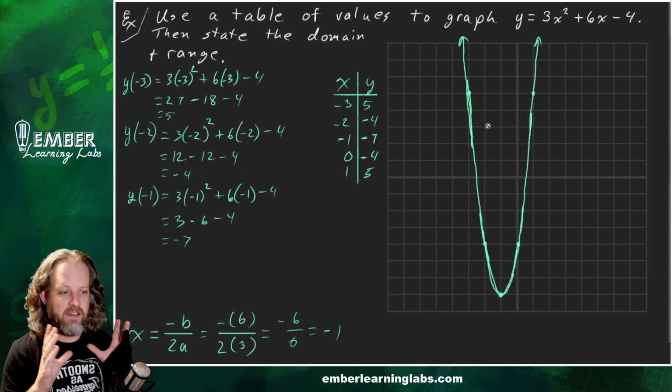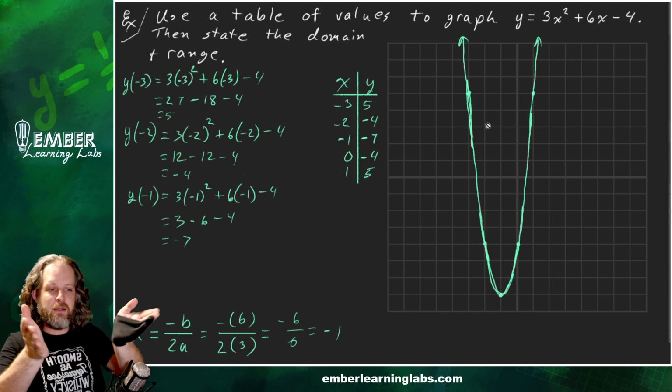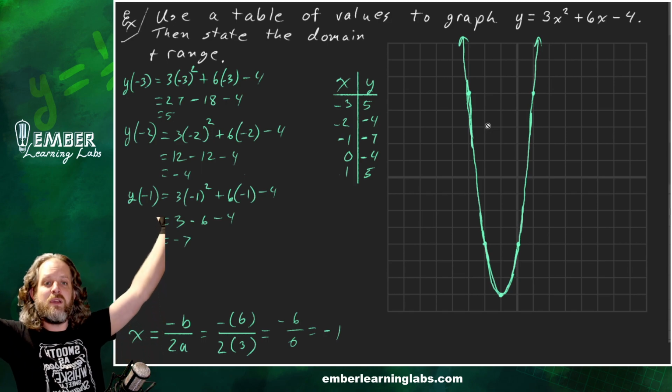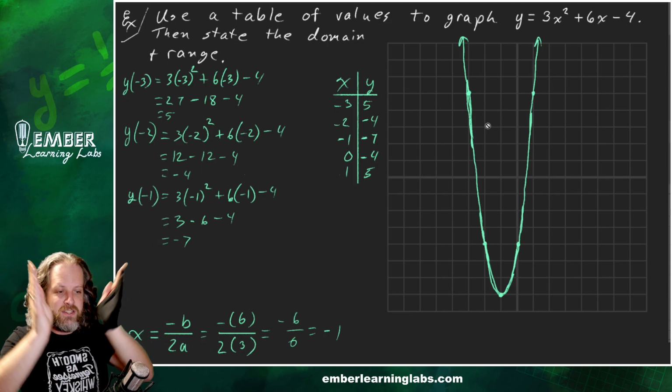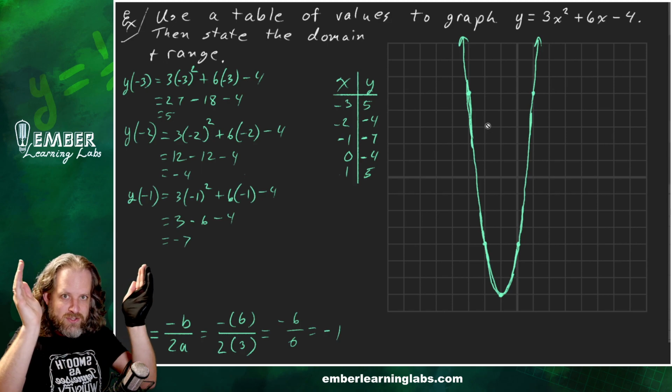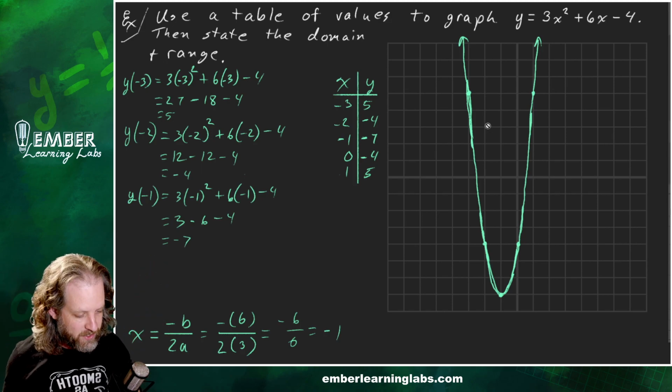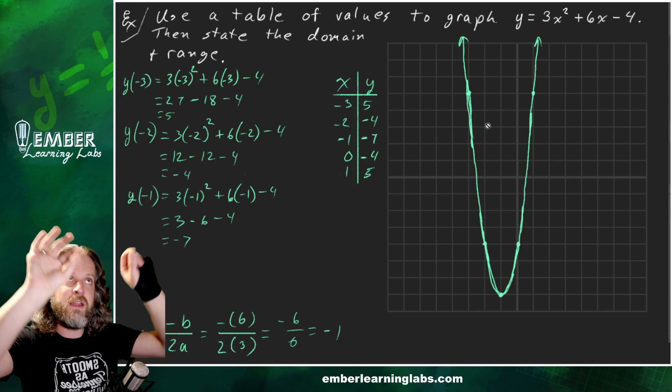The domain of a parabola is going to keep getting bigger and bigger. It's inching out ever so slowly, but it's going to continue to get bigger. If we could graph this for infinity, it would keep getting wider and wider.